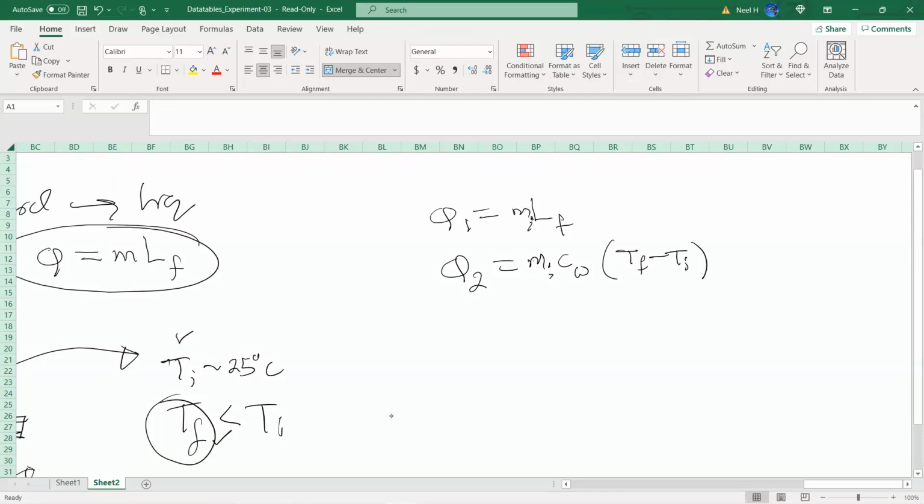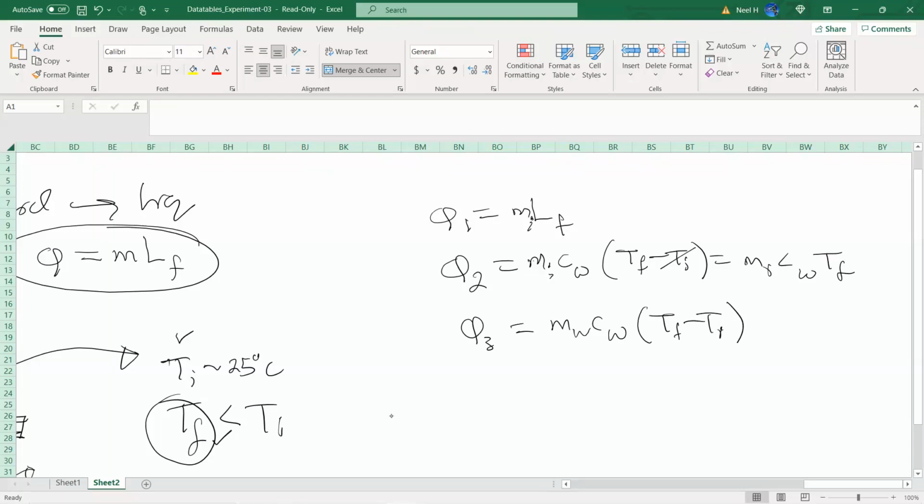And that's it. T initial is for this case 0. So this part is 0. This one will be just Mi CW times the TF, and then the other amount of heat we needed for the water and the calorimeter. So I have MW, CW, T final minus T initial.